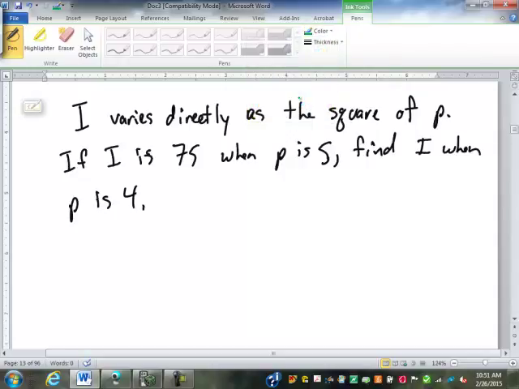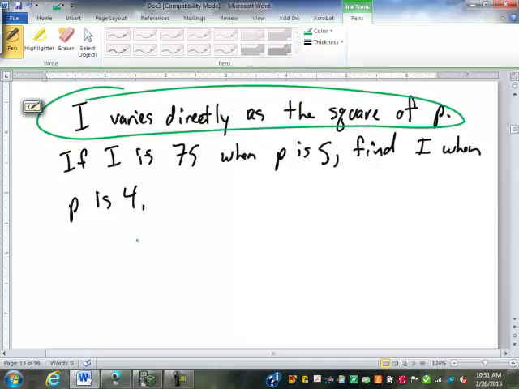So how's this one different? Yeah, it's not I varies directly with p, it's I varies directly with the square of p. So it's I equals k times p squared. Very good. Next step.